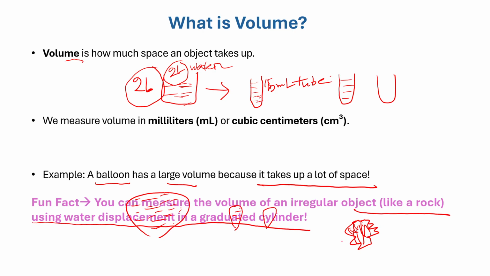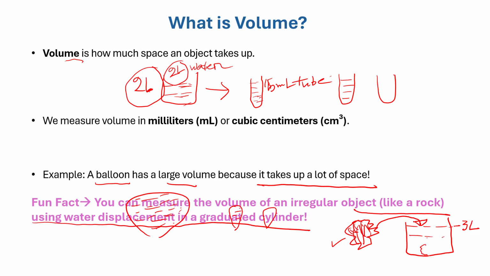This is, suppose, a small rock. You can take a jar or cylinder full of water, and suppose this water level was 3 liters initially, and you add this rock in this beaker of water.